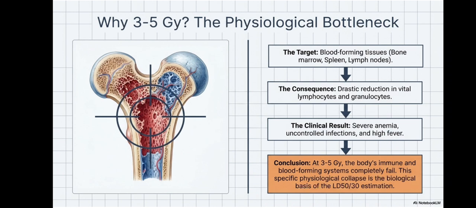The bone marrow, blood-forming tissues, spleen and lymph nodes are targeted, which causes a drastic reduction in lymphocytes and granulocytes in the blood.